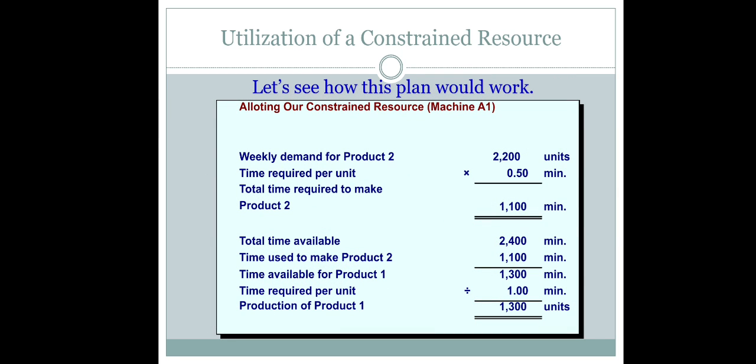This table will show how many units of product 2 have to be produced, and then how many units of product 1 should be produced. In this example, 2200 units of product 2 can be produced, and for product 1 only 1300 units can be produced.